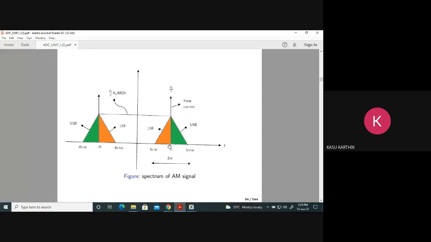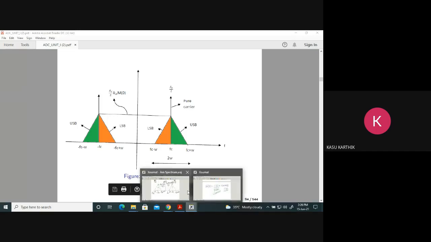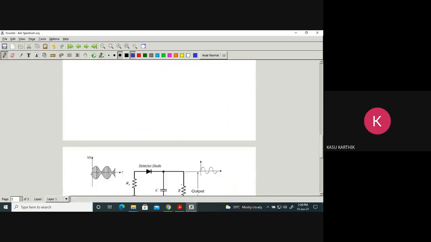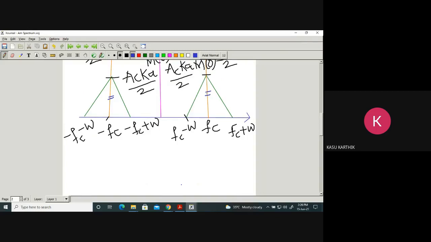Now here we have two parts. This is called the upper sideband, and this is called the lower sideband. Upper sideband is denoted as USB, and lower sideband is denoted as LSB. Same thing here also. So the spectrum of AM contains three components.